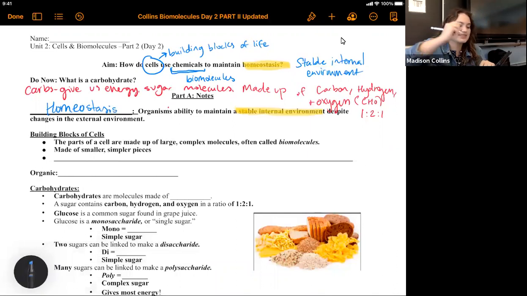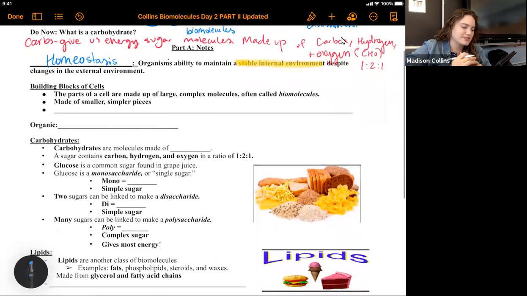So homeostasis is an organism's ability to maintain that stable internal environment despite changes outside. So we see this a lot with like temperature regulation, right? Our body is able to maintain a stable temperature despite changing conditions outside. So that's homeostasis.